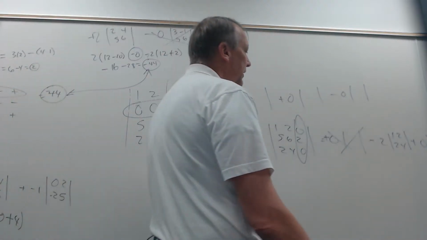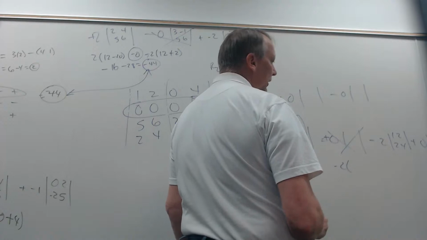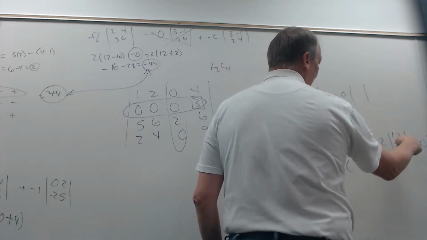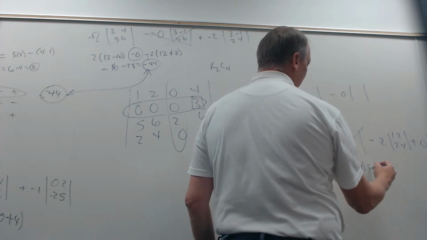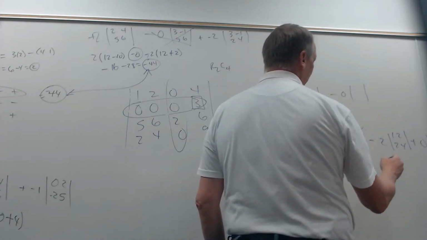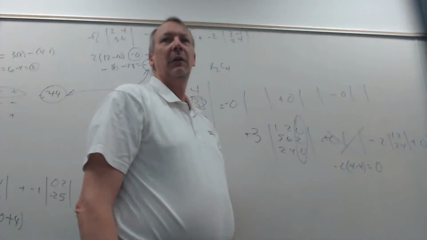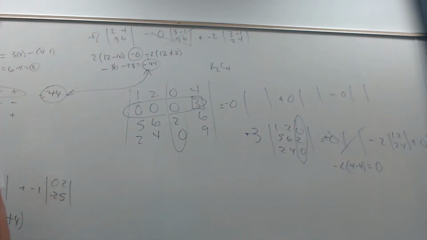So this becomes negative 2 times 4 minus 4, 1 times 4 minus 4 times 1, which gives me a big fat 0. What does that mean? Actually, now that I think about it, Berkeley was onto something here.